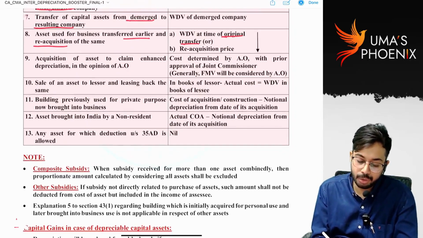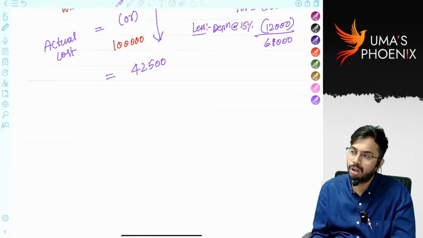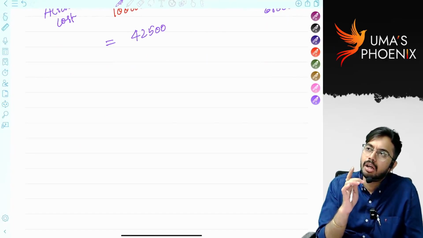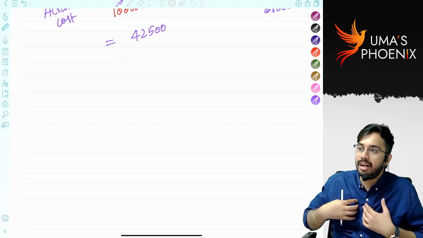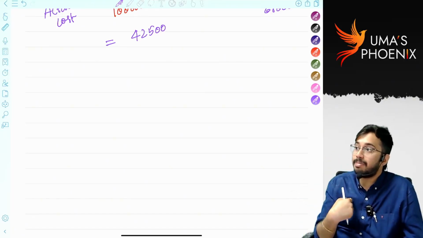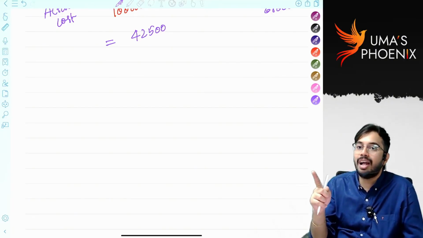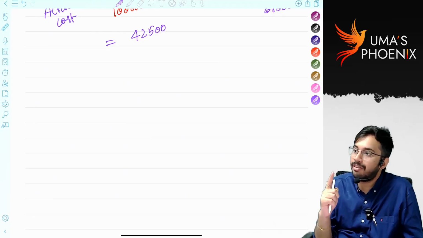Acquisition of asset to claim enhanced depreciation. Now, Kaushik told me, "Sir, you used one asset, you gave it to me. If the same asset is purchased by you, then written down value at the time of original transfer or reacquisition price, whichever is lower."